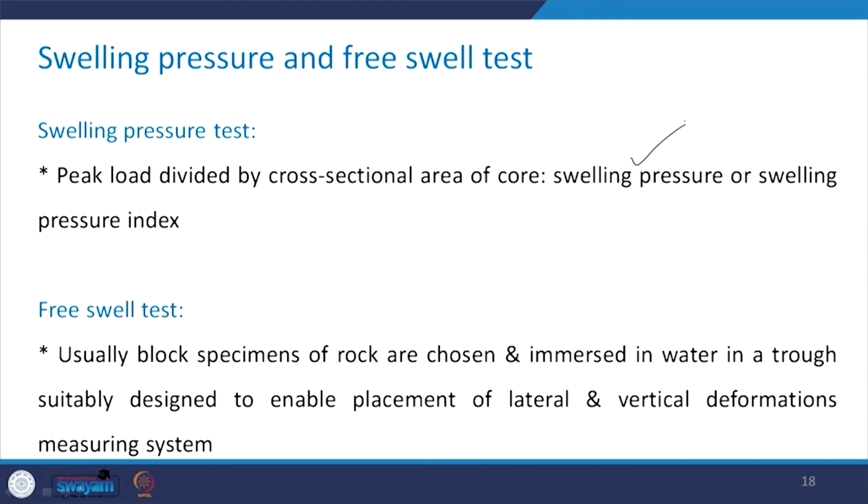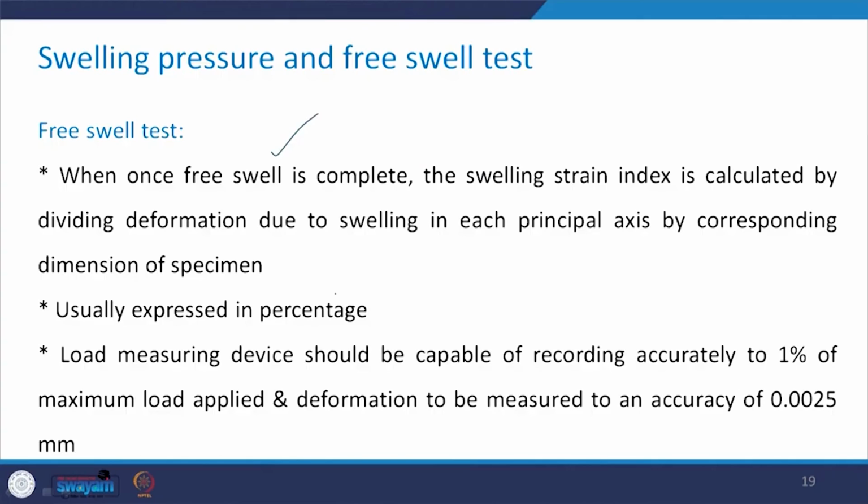The second test is the free swell index. In this case, usually block specimens of rock are chosen. They are immersed in water in a setup suitably designed to enable the placement of lateral as well as vertical deformation measuring systems. So, I just put the specimen in the water, and because it is allowed to swell, that is free swell, I can measure the lateral and the vertical deformation.